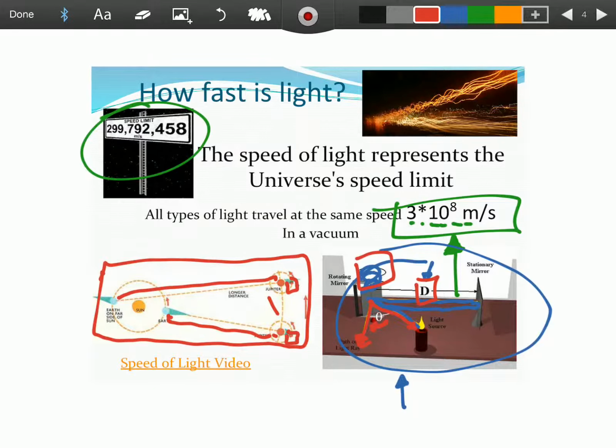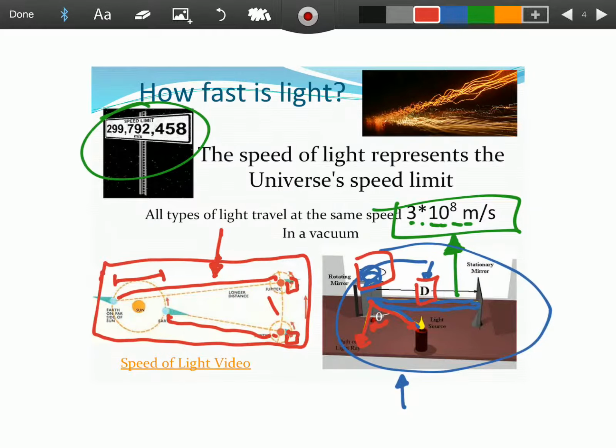So Io would eclipse, it would take a little bit longer to eclipse in this scenario than predicted, and that's because the light had to travel this extra distance. And so they were able to get a close approximation of the speed of light, but still off from the number that we use.